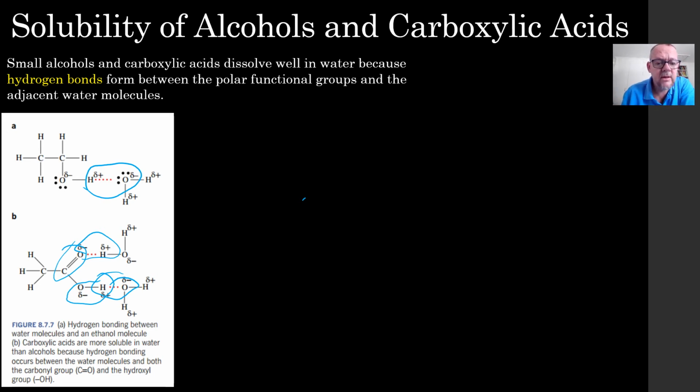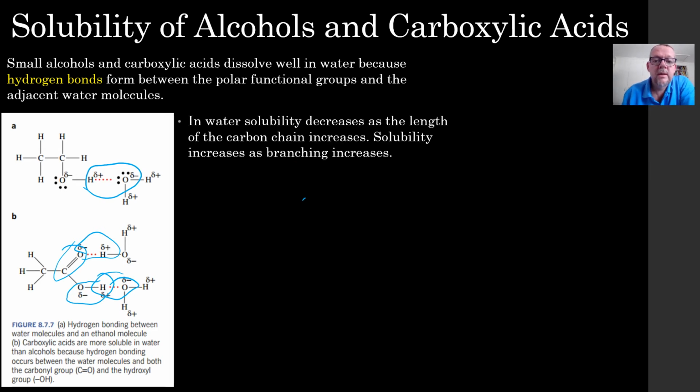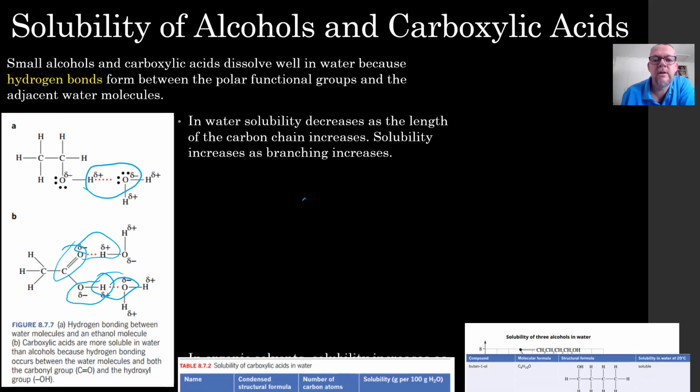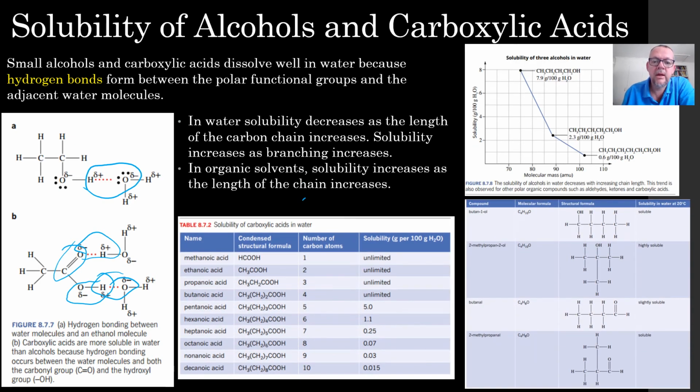So carboxylic acids are a lot more soluble in water. So likewise, in water, solubility decreases as the length of the carbon chain increases. But solubility should increase as the branching increases. And in organic solvents, the solubility increases as the length of the carbon chain increases.